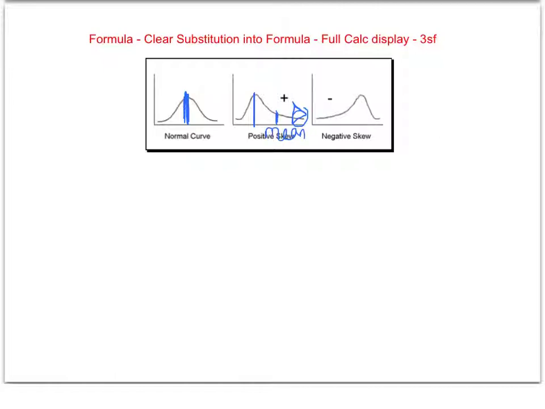In the negative skew, if we make the smallest one really small, it won't affect the median. That will still be the middle value, but the mean will get pulled down to the left. So you're looking at where the mean is. So look at your median and look at your mean. And if your mean has got much bigger than your median, then your mean has been pulled to the right.